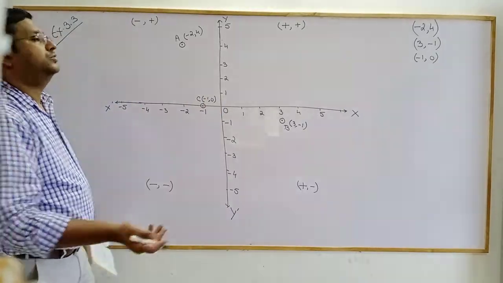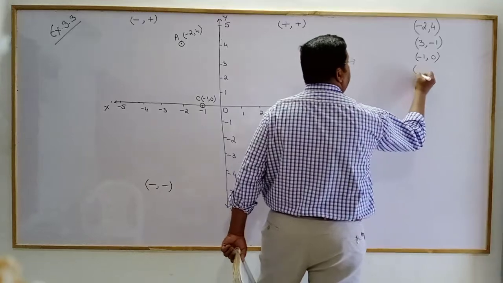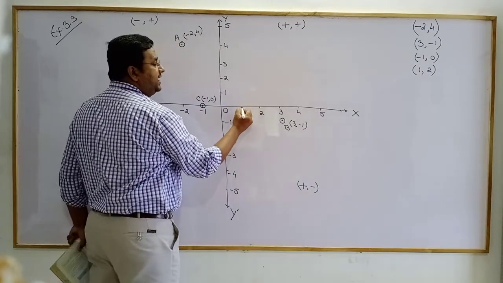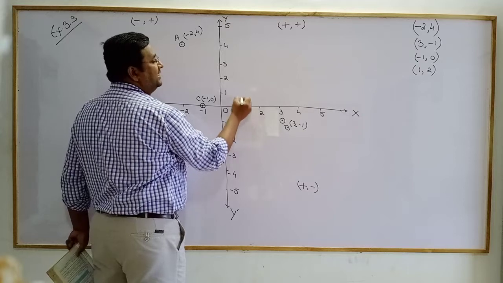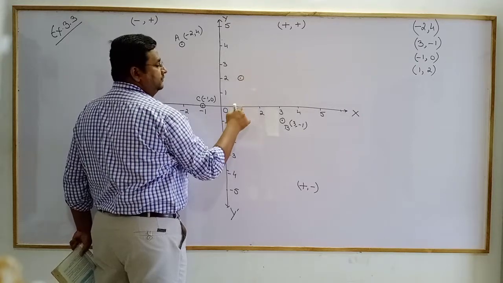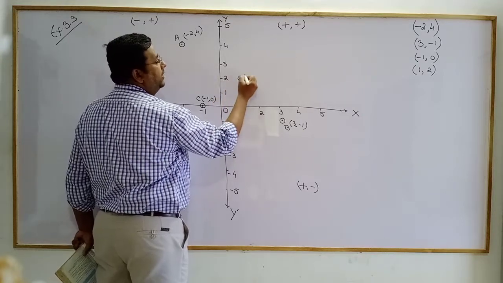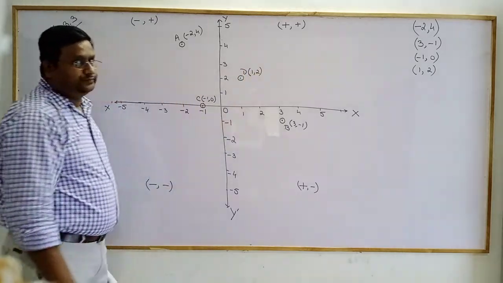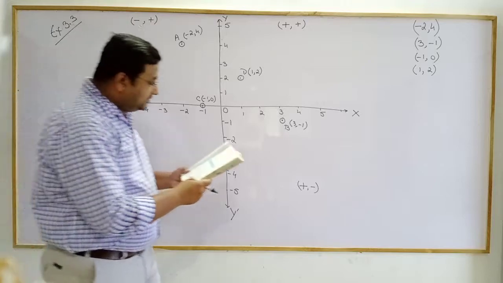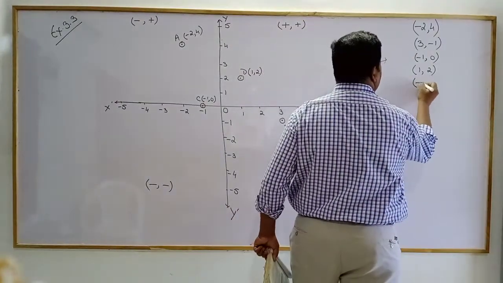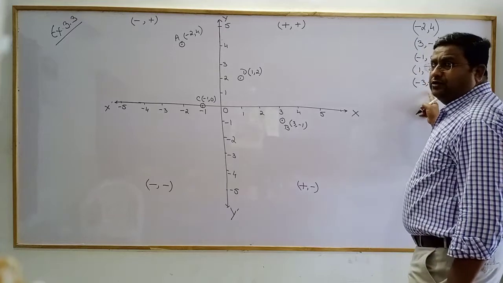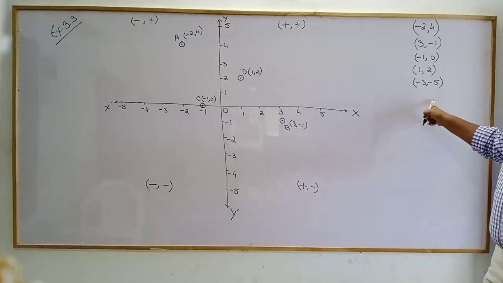Then 1, 2, both are positive. So which quadrant? First quadrant, x is 1, y is 2. On your graph sheet, it will be very clearly visible to you. Clear? Then next, -3, -5. Both the coordinates are negative, x as well as y.